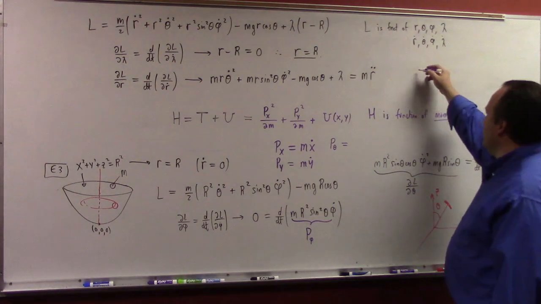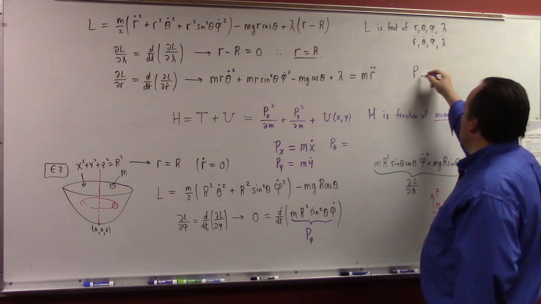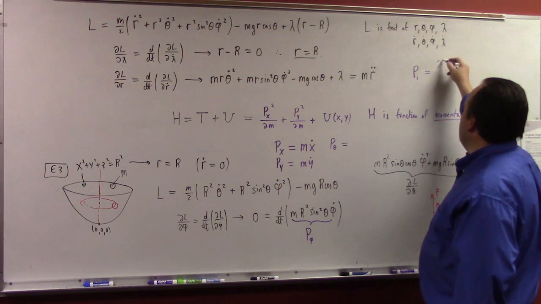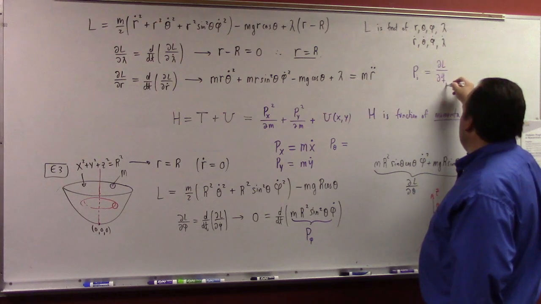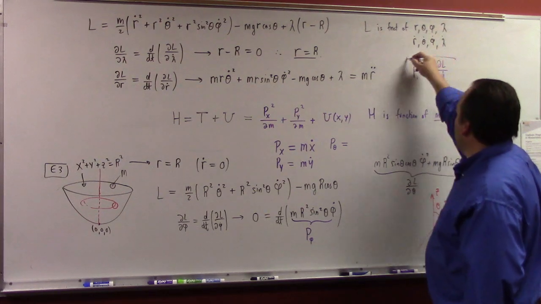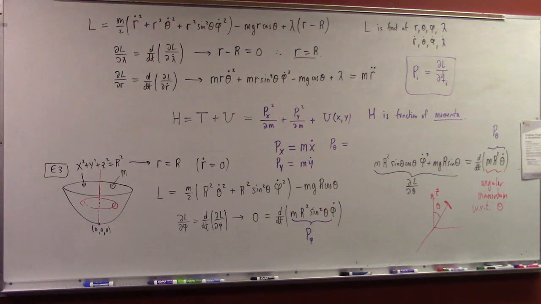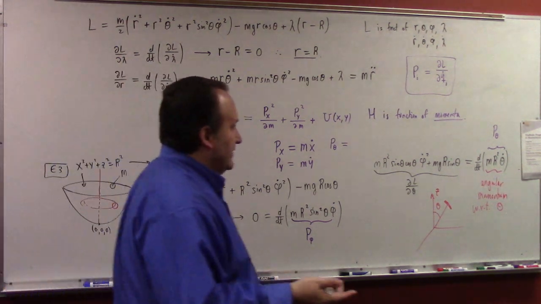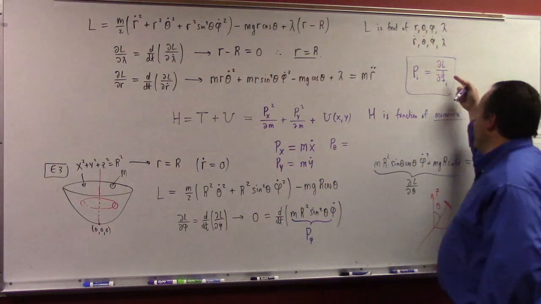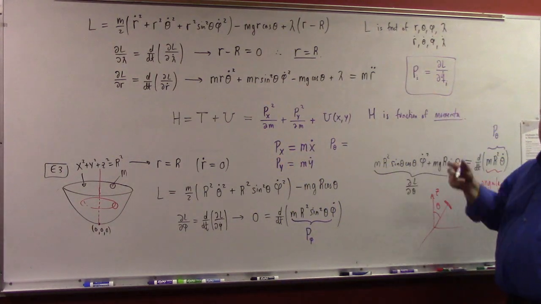So basically we just say the momentum is partial L, partial Qi dot. If you have a Lagrangian written in terms of generalized coordinates Q1, Q2, and so on, the generalized momentum is simply the partial derivative of the Lagrangian with respect to the velocity of that generalized coordinate.